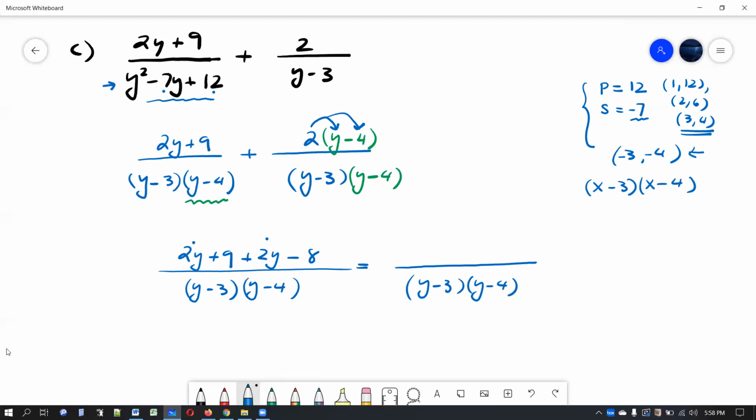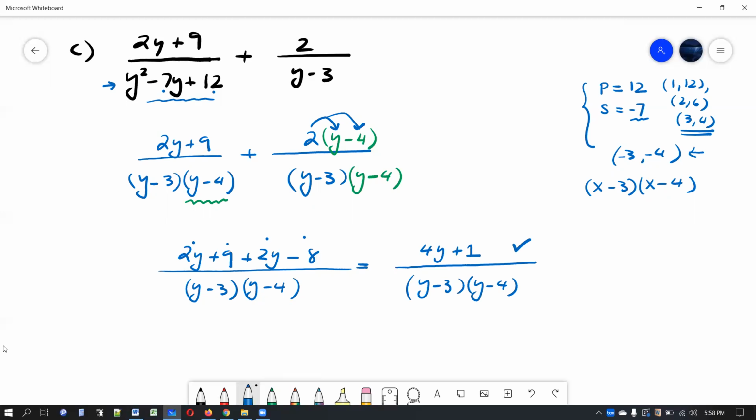But now I have 4y, and I have +1. At this point, I will try to factor anything. There's nothing to factor in the denominator because it's already fully factored, and I cannot factor anything out of the numerator. In that case, this is my final answer.